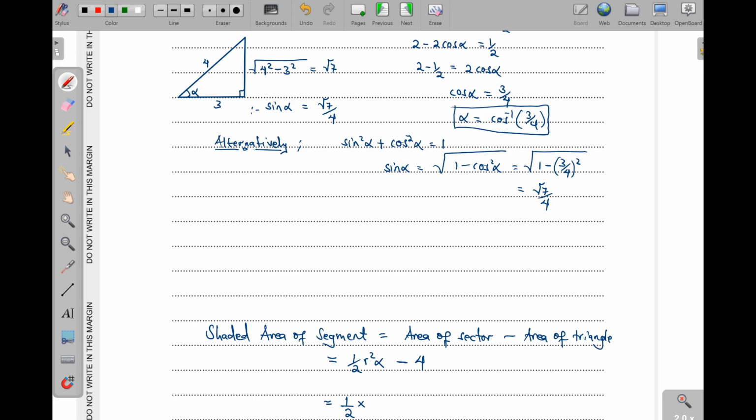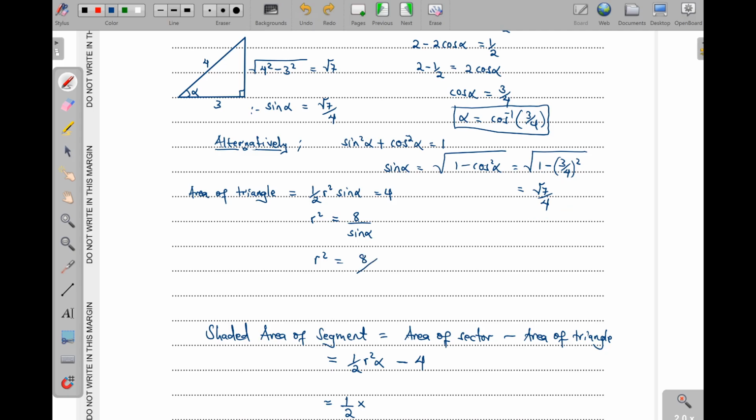Now, area of the triangle, you know it is equal to a half, then r squared sine what? Alpha. But it is equal to 4. So that means, remember we need r squared. So r squared shall be equal to, when we cross multiply, that will be 8 over sine what? Alpha. So r squared is going to be 8 over sine alpha.